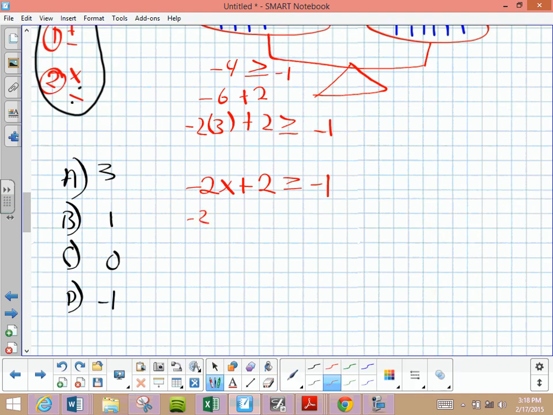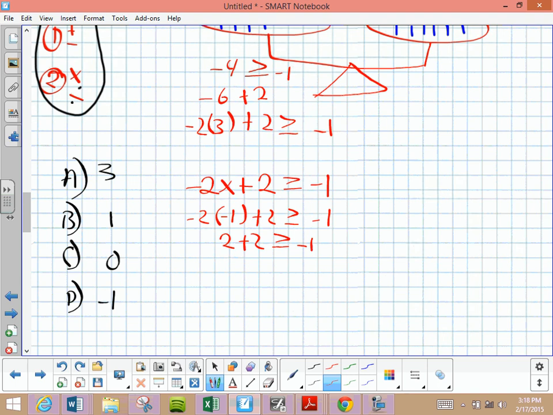So negative 2 times negative 1, that's positive 2 plus 2. Is that greater than negative 1? Is 4 greater than negative 1? Absolutely, yes. 4 is greater than negative 1. So that's still true.